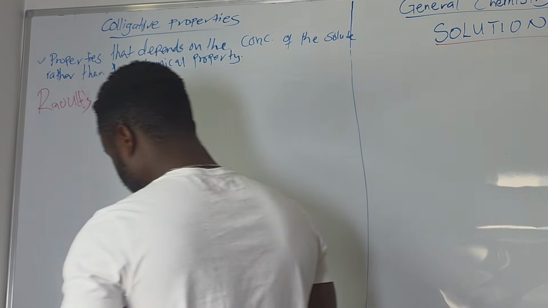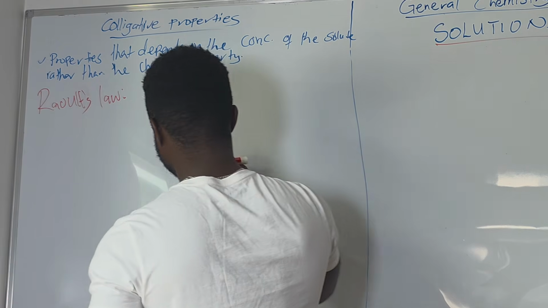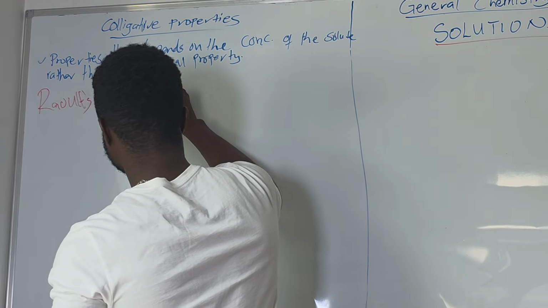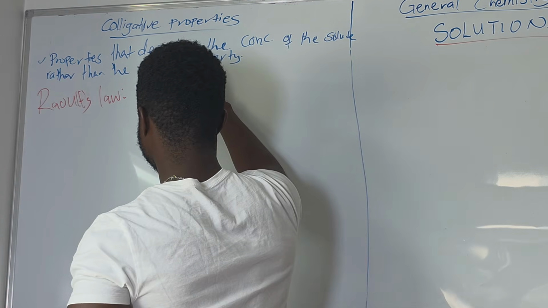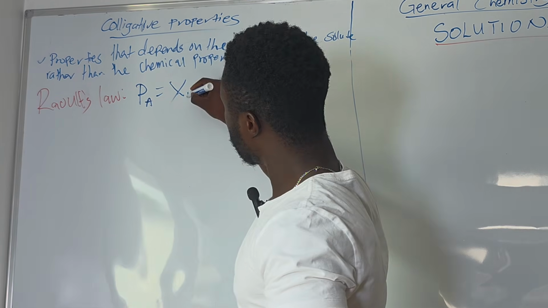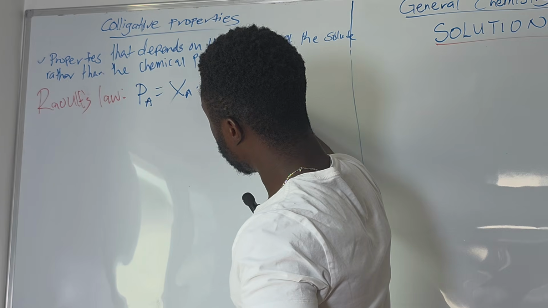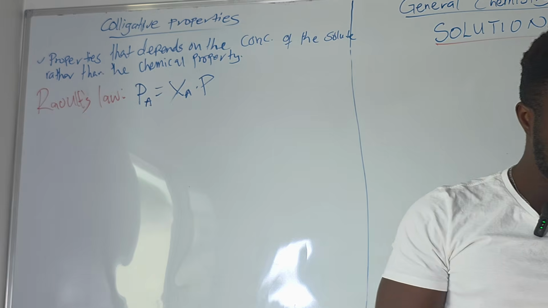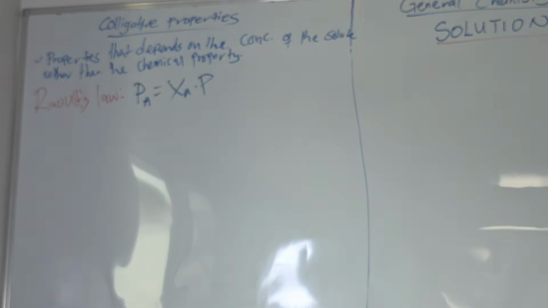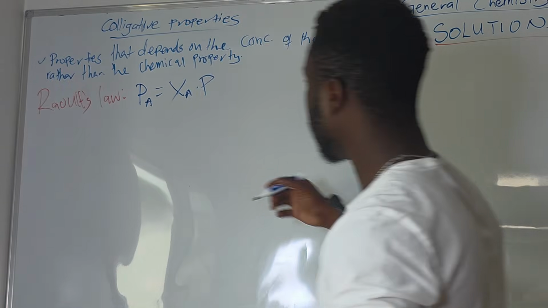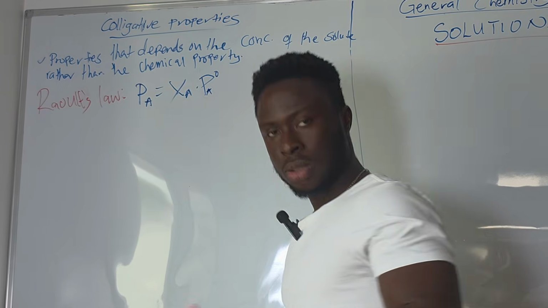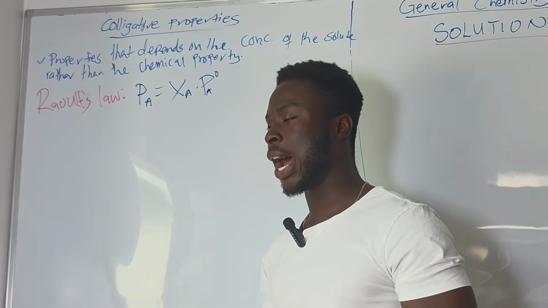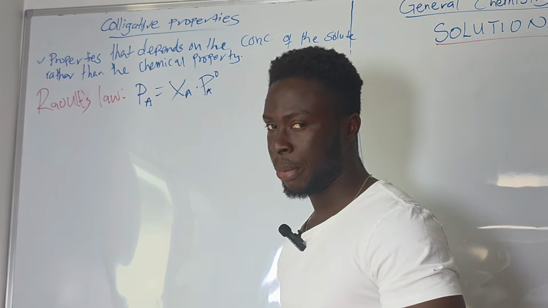Say we have the vapor pressure of a substance A. The vapor pressure of substance A equals the mole ratio of substance A times the partial pressure. So Raoult's law states that the more of a solute you add into a solvent, the more you decrease the vapor pressure.